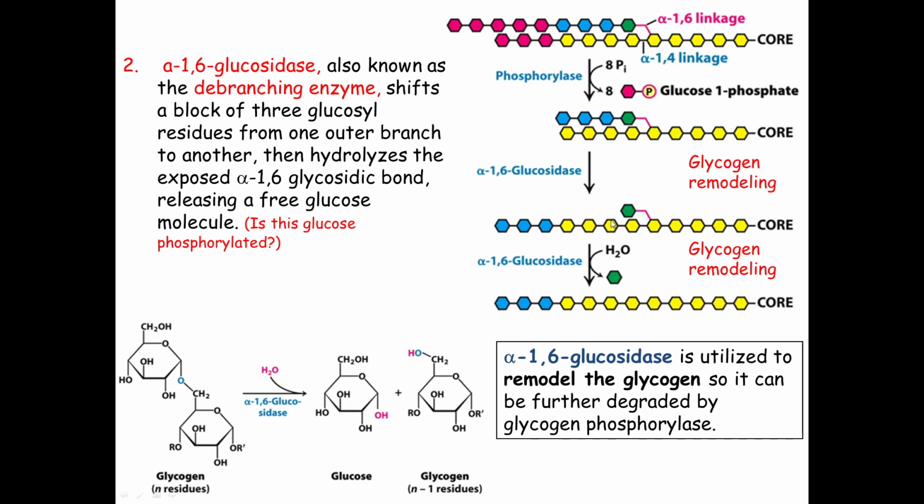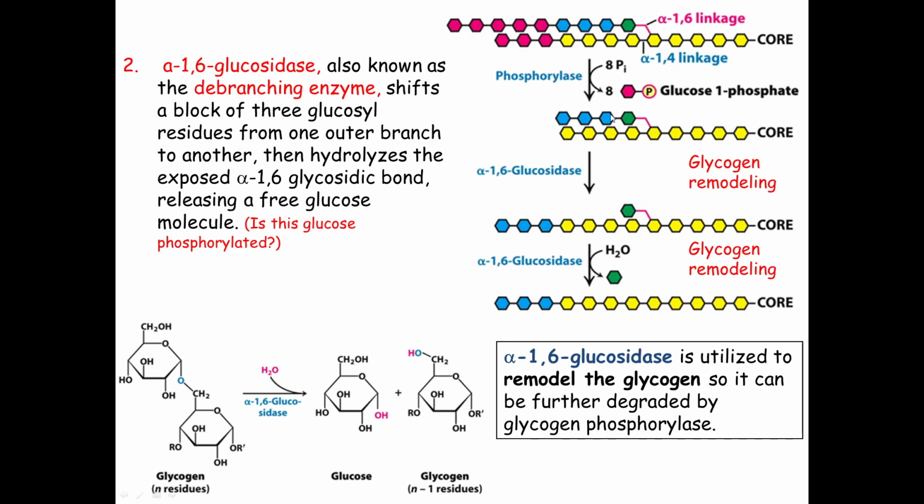So what does it do? It looks for the shorter of the 2 chains, right? The 3 blue ones here are kind of in my way. I can't remove the green one because I don't have access to its bond. But if the 3 blues were not in my way, I could cut off the green one. So what this enzyme does is shift a block of 3 glucose, right, from one end of a chain to another.